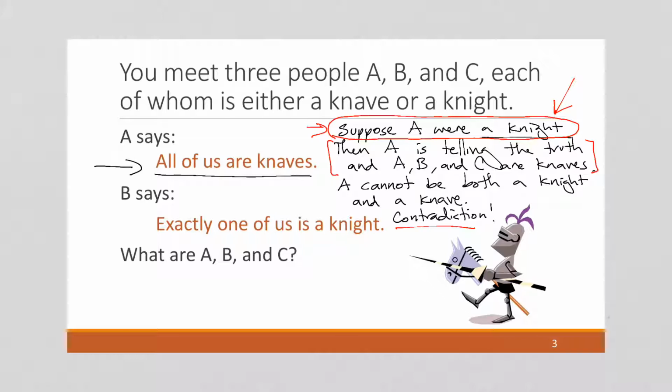So this is false. Well, what does it mean if that's false? It means the opposite is true, and there's only two choices. He's either a knight or a knave. So, running out of space here, we can conclude, therefore, A must be a knave.